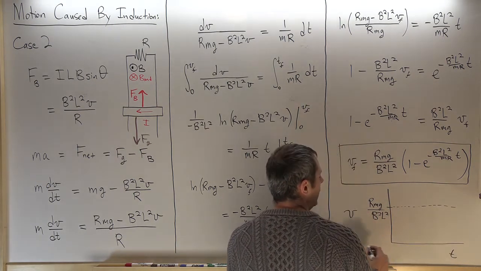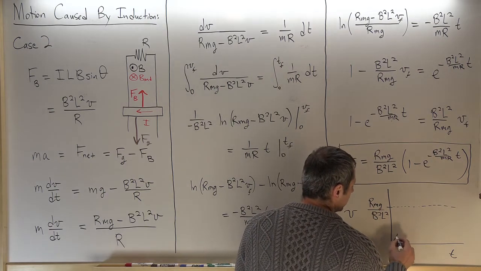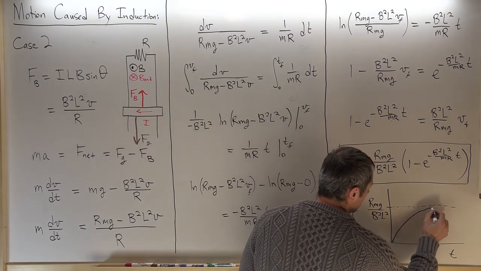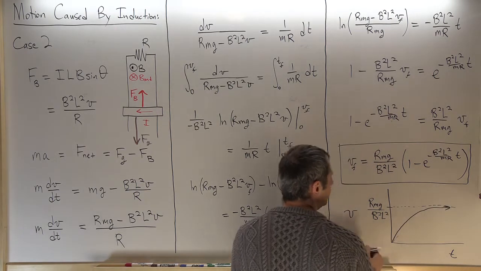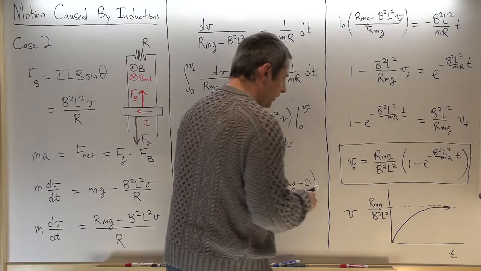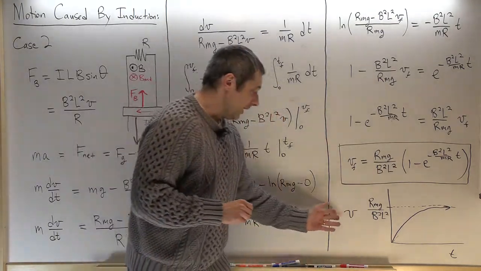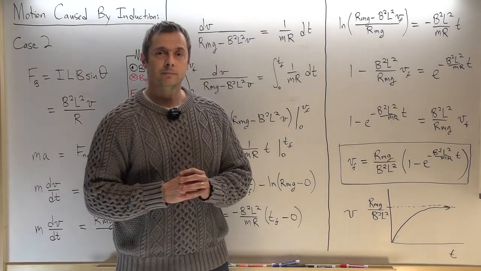And then this is velocity axis, and that 1 minus exponential approaches that value. So there's a plot of the velocity with respect to time. So go ahead and copy that graph down as well.